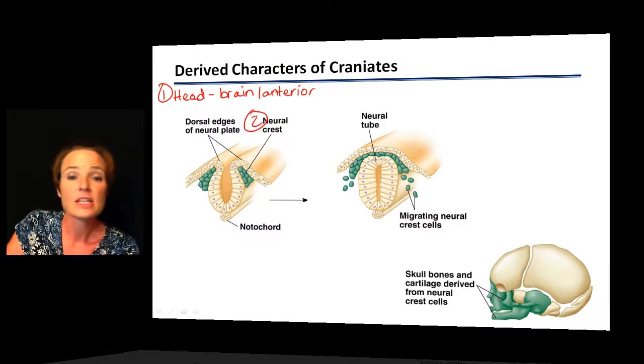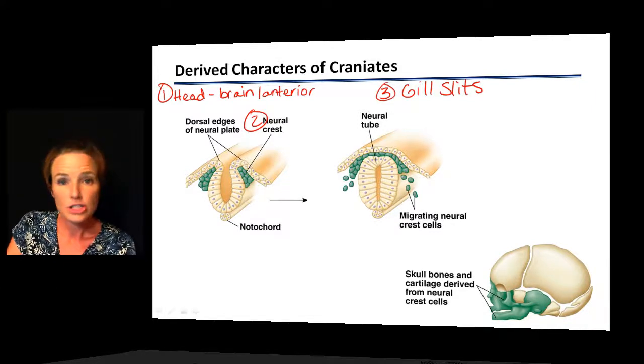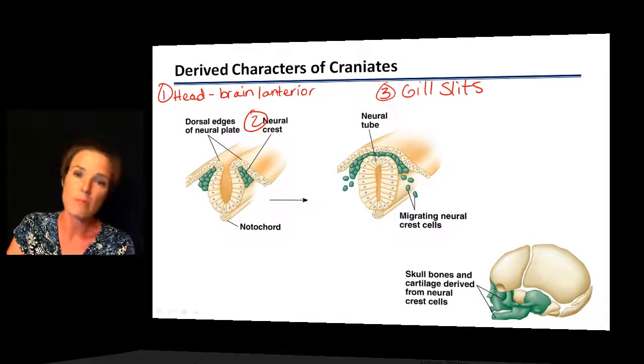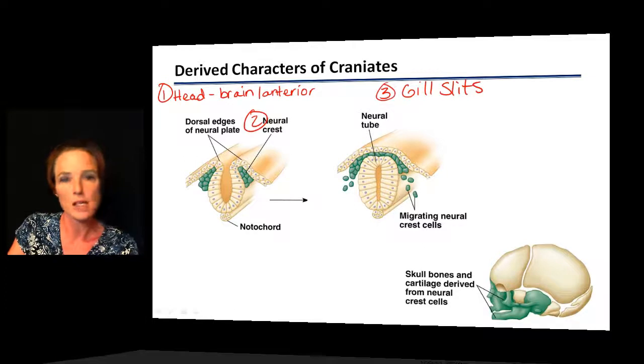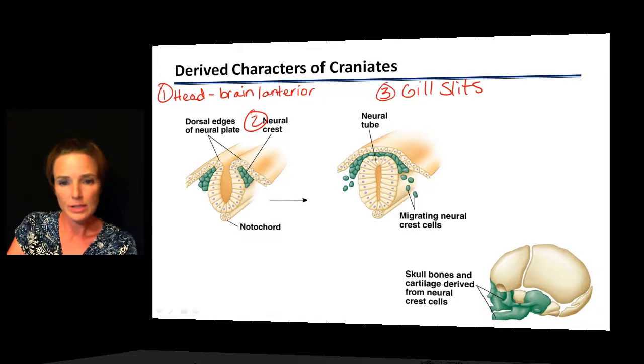Another thing here is that the pharyngeal slits are going to develop or evolve into gill slits. These gill slits are going to be important for oxygen or gas exchange, and they're also going to have some muscles associated with them that are going to help to make that process a lot more efficient. In some cases, there's also going to be a role in feeding that's played by these.